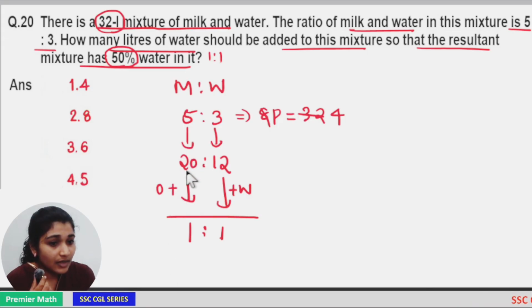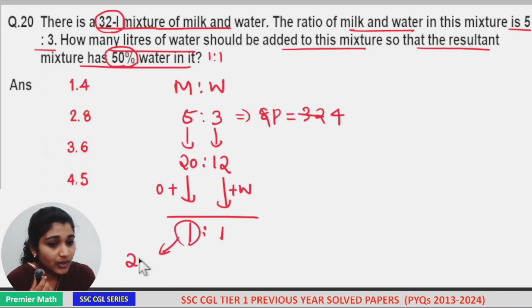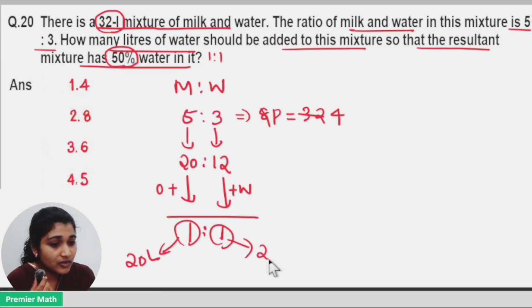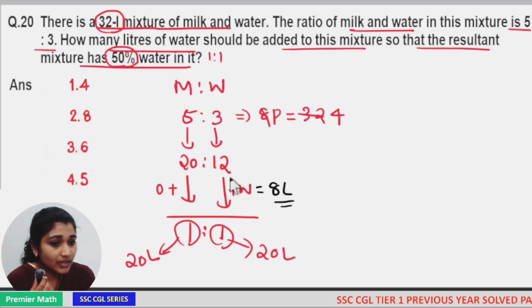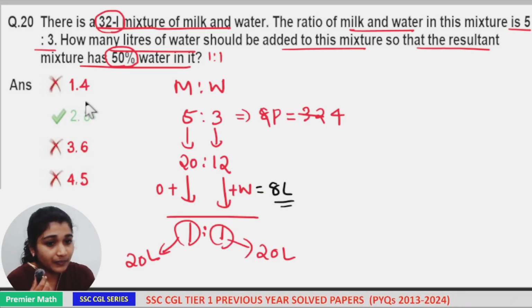Then milk initially and finally are equal. That is, this 1 part is equal to the initial 20 liters. Then the water part is also 20 liters, which means water added is 20 minus 12, which is 8 liters. Option 2 is our answer.